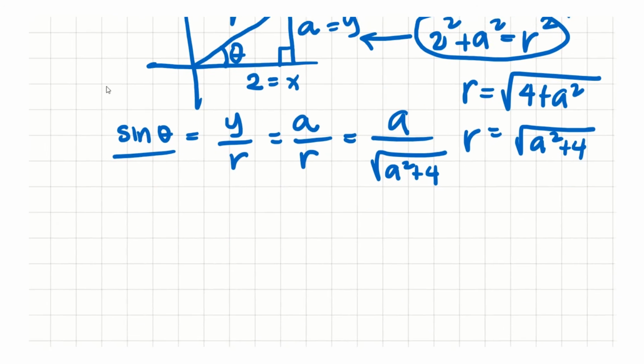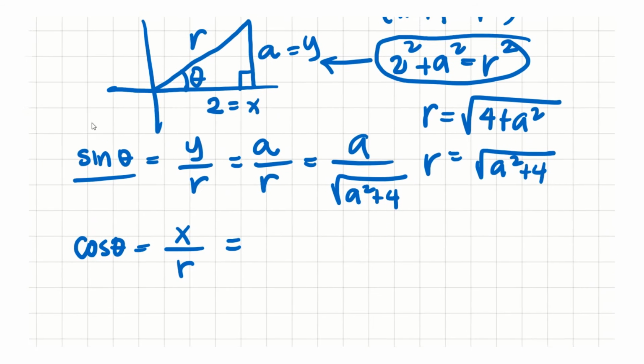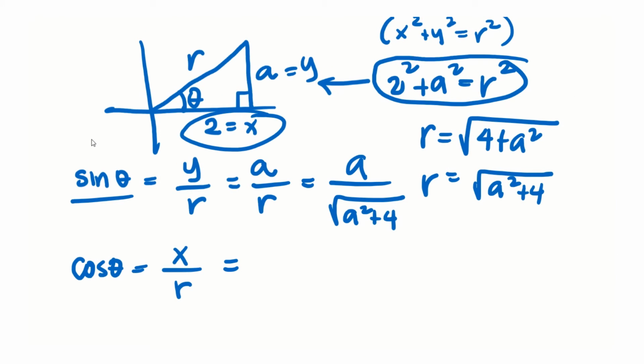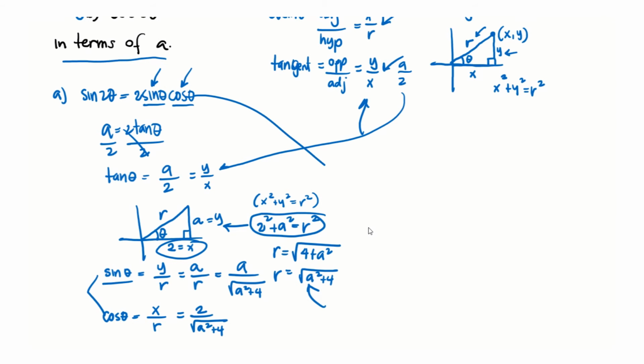Let's find the other function, cosine theta. Cosine theta is x over r. And again, in our triangle, our x is 2, our r, which we already found, is the square root of a squared plus 4. So once you have the sine theta and cosine theta in terms of a, all you have to do is place these values in our sine 2 theta, 2 sine theta cosine theta, and we have found the values of these in terms of a.